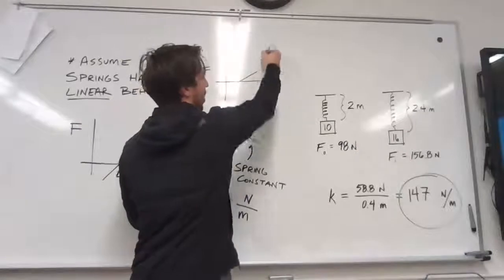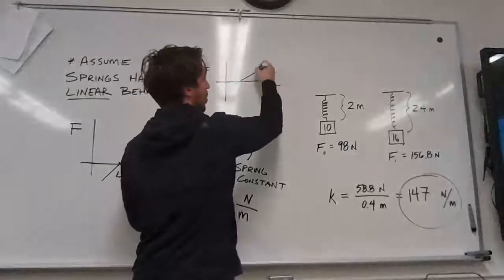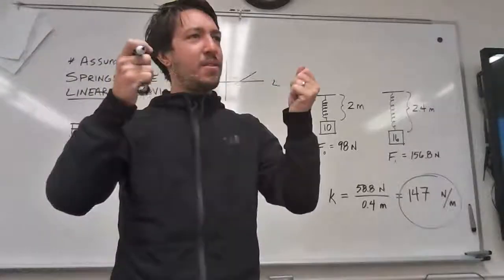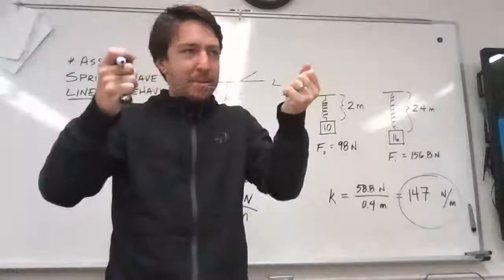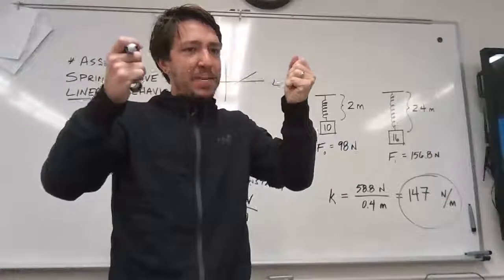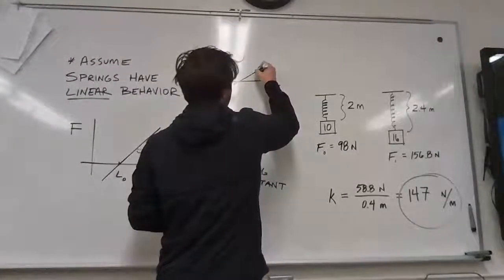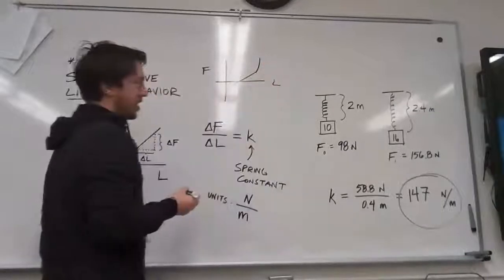Will it curve up or curve down? Didn't that spring get really strong, basically? Eventually, it's like a metal cable. So eventually it becomes infinitely strong in a sense, until it snaps, I guess. So what happens is it actually curves up like that.